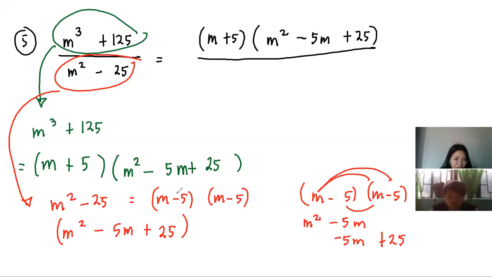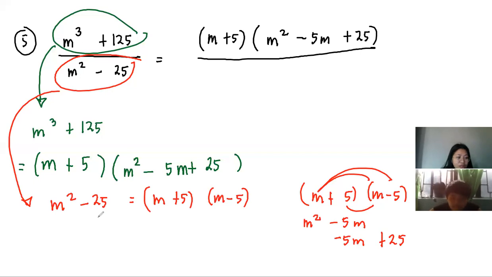Kaya dapat yung isa m plus 5, tapos isang m minus 5. Tama ba? Kakancel natin to. This is not correct. Okay? So, m squared minus 25. Anong gagawin natin for that one? Let's remove this one. So, ang magiging answer natin dito ay m plus 5 and m minus 5 kasi perfect square to.